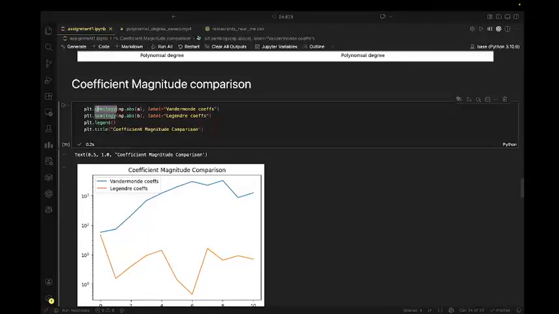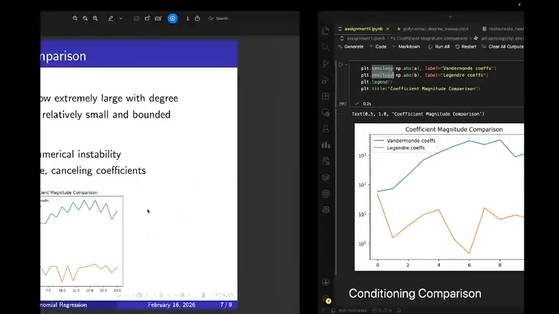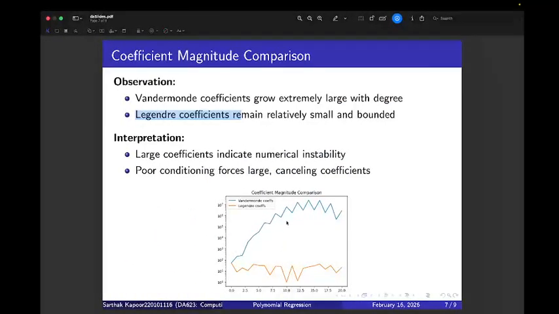What we get here is that the Vandermonde coefficients blow up and become very high compared to the Legendre coefficients, which remain relatively low. Large coefficients cause numerical stability problems, because they harm you in the longer run, and since computers have limited precision, these large coefficients are hard to handle.